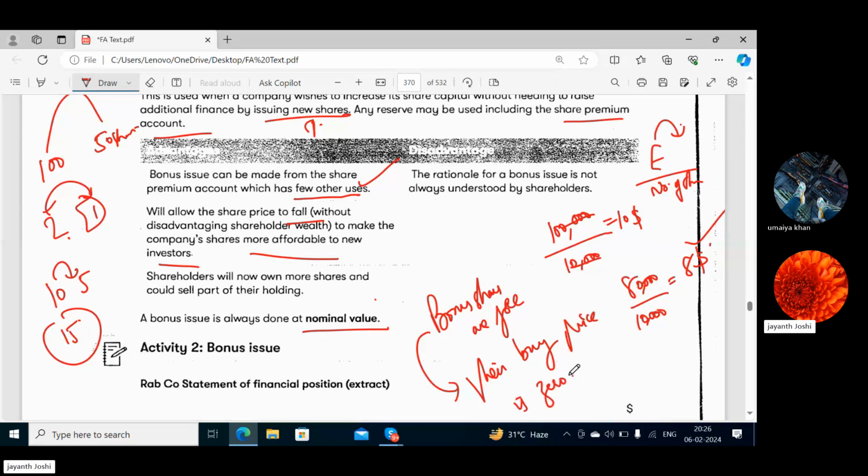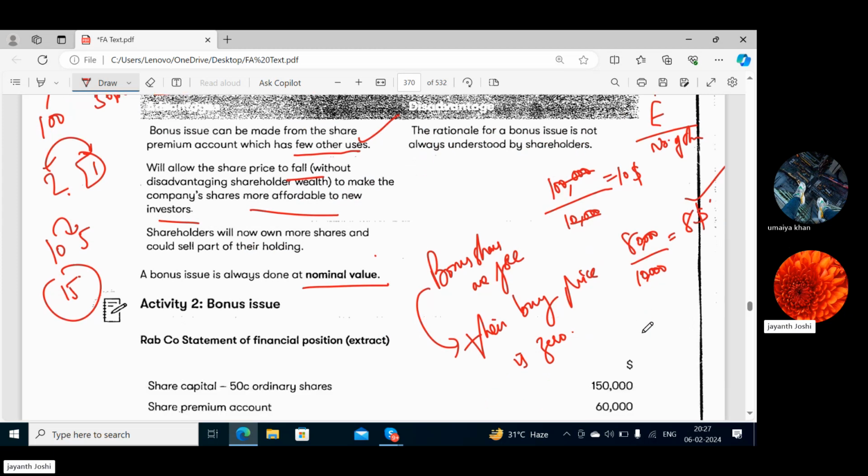But any share which is given to shareholders should have some value, some cost, right? Their buy price is zero, but they definitely have a certain price. So let's say the company's nominal price is $10 for a share. Bonus shares are also issued at the nominal value, not at discount, not at premium.